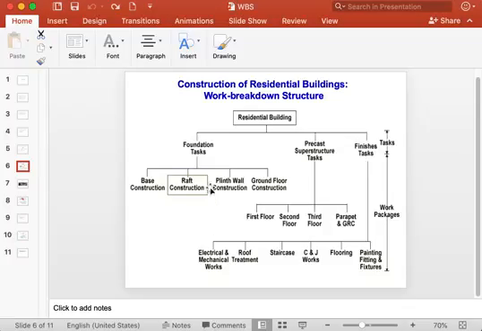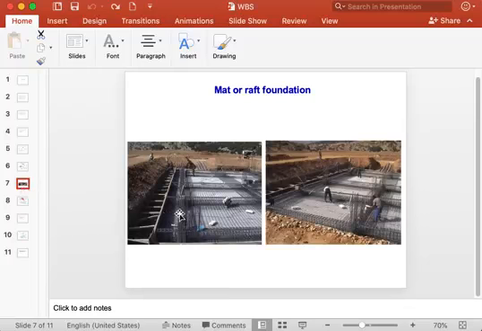So we will take the example of this raft construction work package, how it is broken down into smaller work elements called activities. So the raft construction in civil engineering, you can see the figure here.